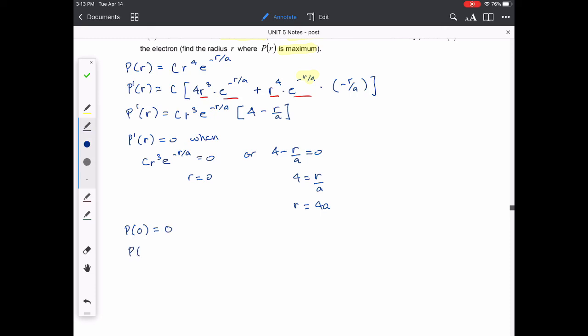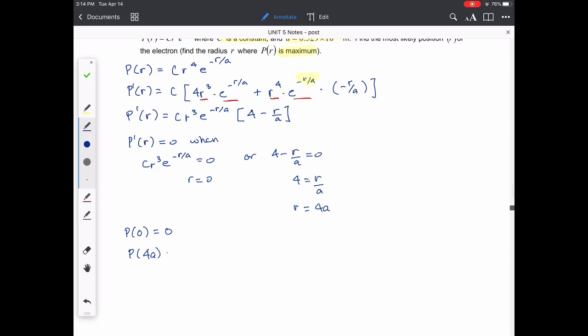If I do P of 4A, and again I replace A with 0.529 times 10 to the negative 10, put that in my calculator, we're going to get 3.67 times 10 to the negative 41 C, because there's a constant C. And even though the point at 4A is really, really, really small, we know that this is going to be our max, and this is going to be our min.